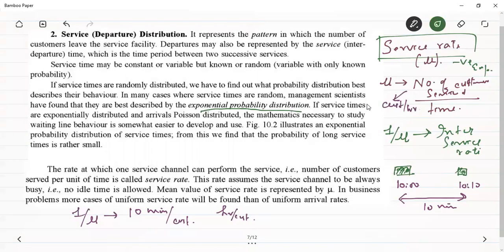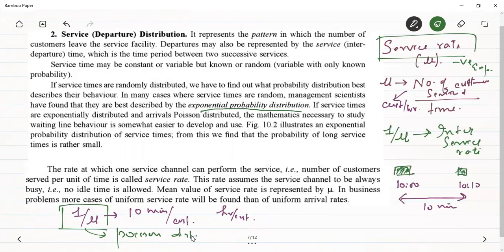So remember, arrival rate follows the Poisson distribution, and inter-arrival follows the negative exponential distribution. But here, service follows the negative exponential distribution, whereas inter-service follows the Poisson distribution. Quite easy to remember.